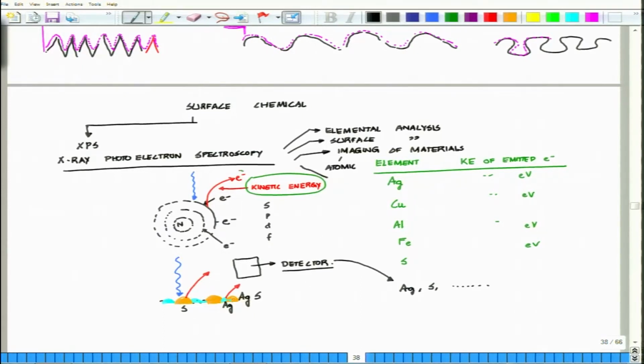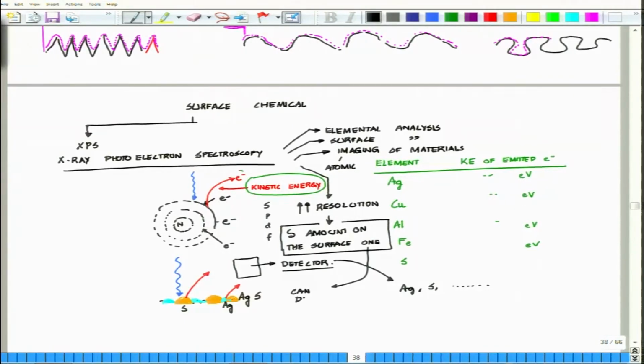Most importantly, it has very, very high resolution in terms of the amount, some delta amount on the surface, that one can detect.